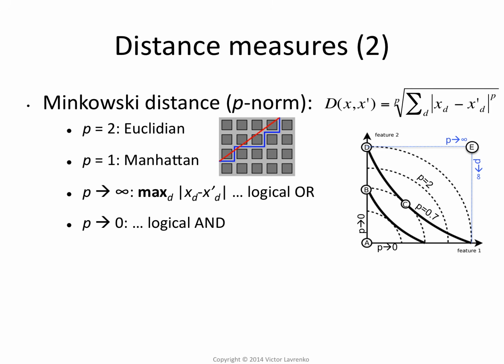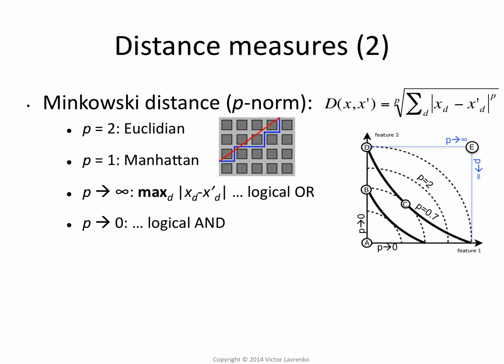But if I take a different p-value, for example, if I set p to 0.7, then an interesting thing happens. C and D are actually the same distance away, and B is a lot closer to A than C. Which is kind of interesting. That starts behaving a little bit more like a conjunction of the differences. So what I mean there is B and C, according to the Euclidean, they're about the same distance away, but there is a fundamental difference between B and C. Right?